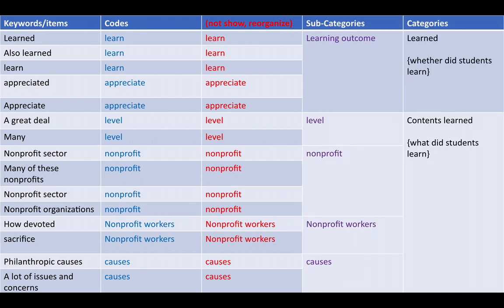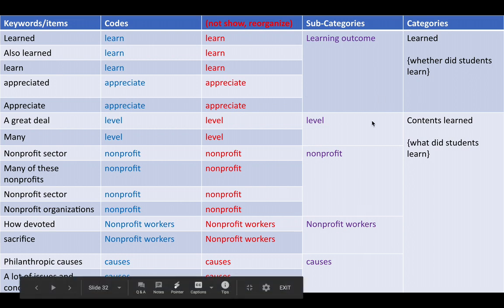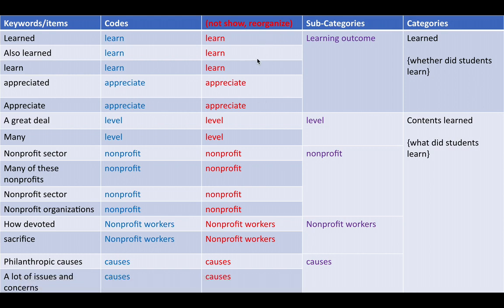Now you can assign your subcategories and the categories to them, all right? First I would assign the subcategory "learning outcome," and for the level I say, okay, just "level." And this is nonprofits, nonprofit workers, and the causes. Further, because I think learn and appreciate, all these things refer to learning outcome, that actually comes up to my final category.